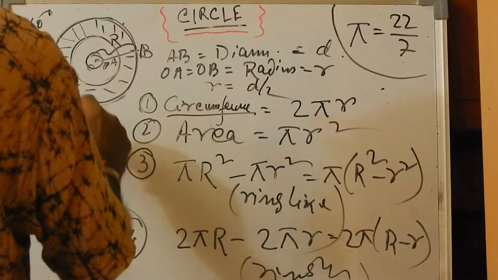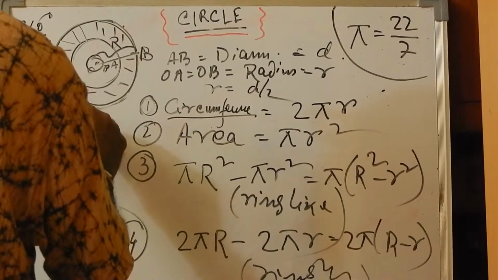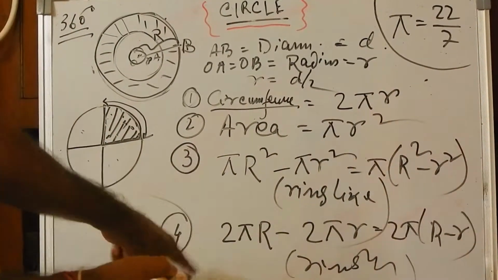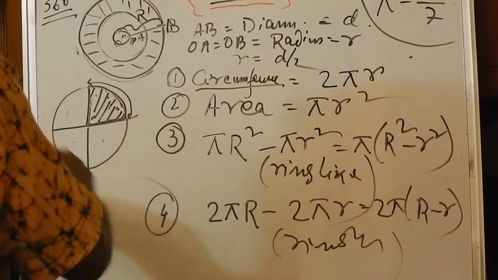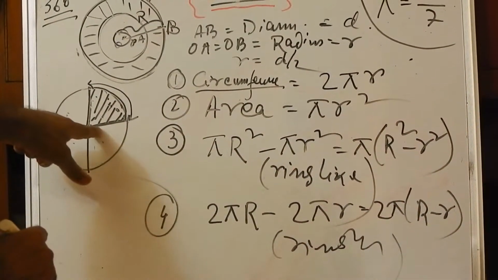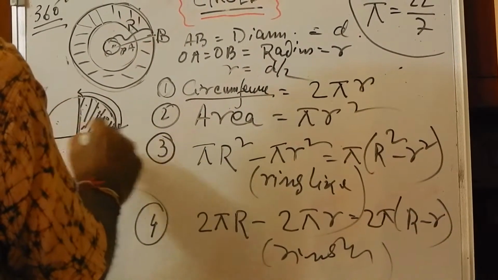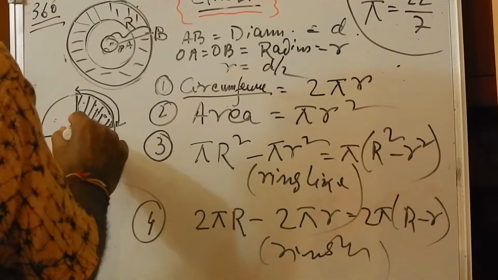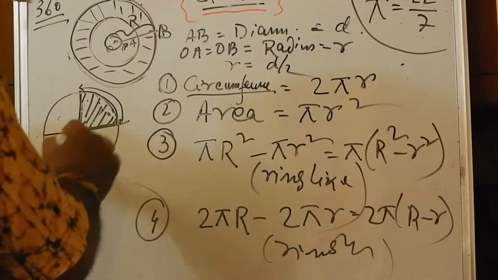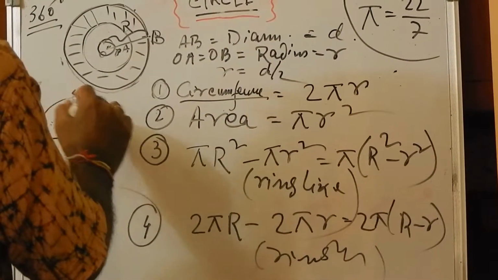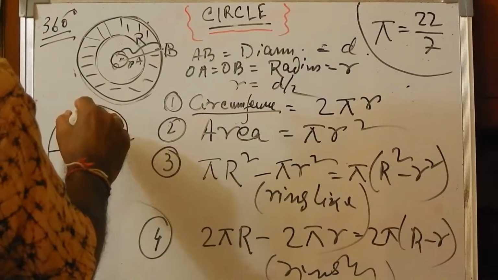Similarly, suppose you are required to find out that length. So similarly, this total circumference is 2 pi r, r would be given, and this portion's length is 360 by 4, that is 90 degree, that means 90 degree by 360, 1/4.